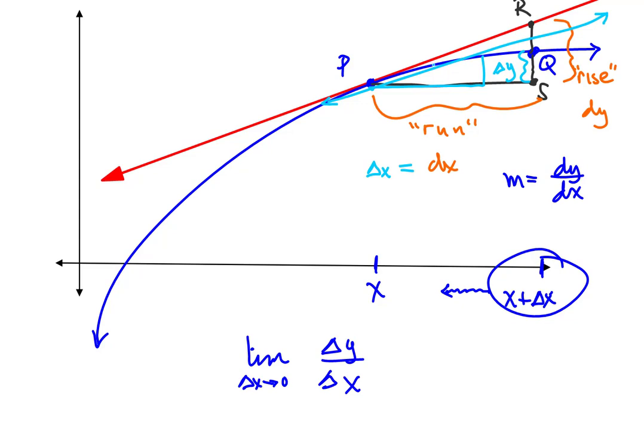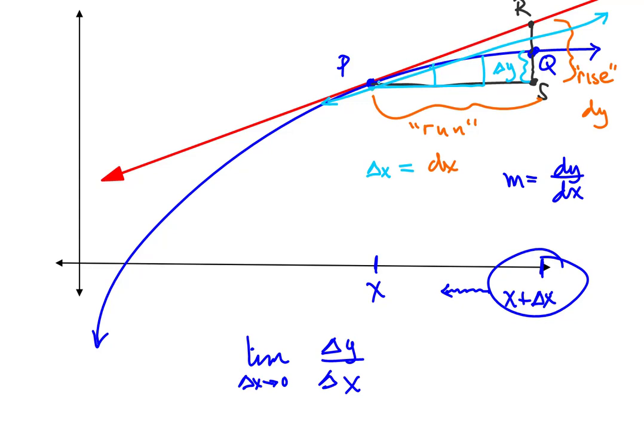If I move further down, the closer I get where delta x is approaching 0, then again, drawing a slope using those rises and runs, delta y and delta x, is going to give us a line that's closer and closer to the actual tangent line.